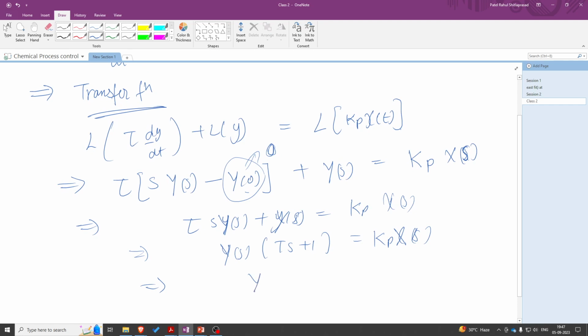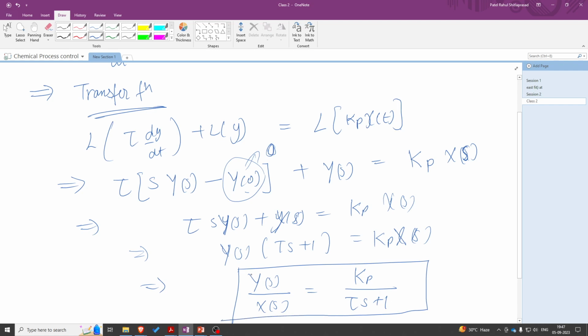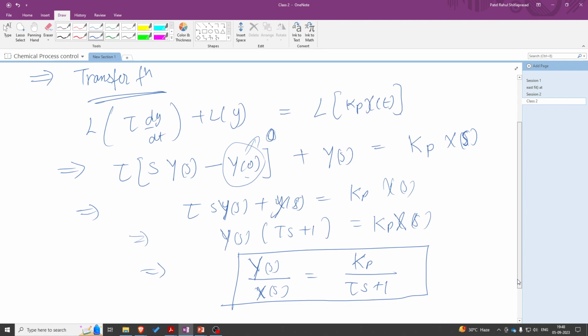Using this, we can have this form, Y(s) upon X(s) is equal to Kp upon tau s plus 1. So this is the transfer function model for the first order system, where Y(s) is the output of the system, X(s) is the input of the system, and Kp and tau are the parameters of the system.